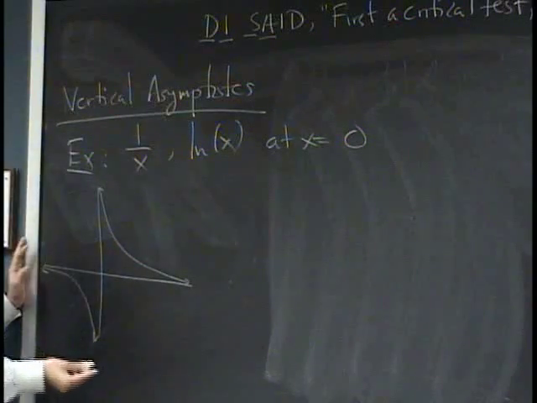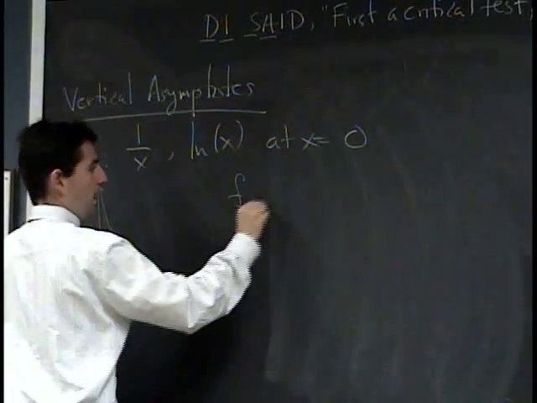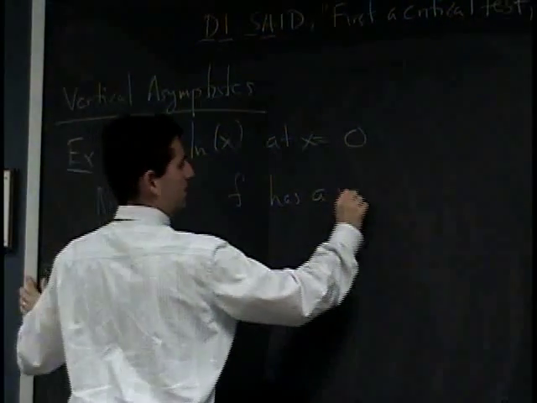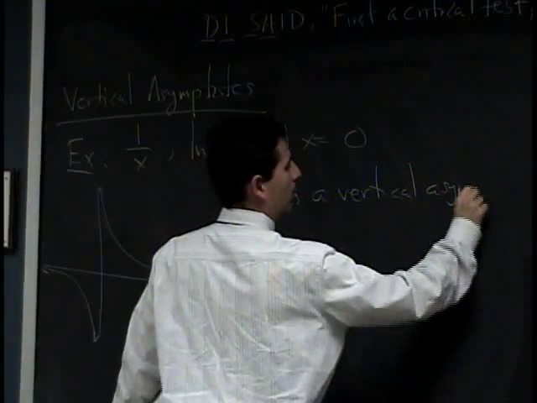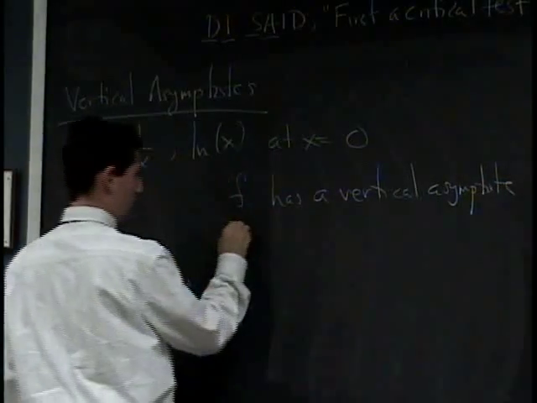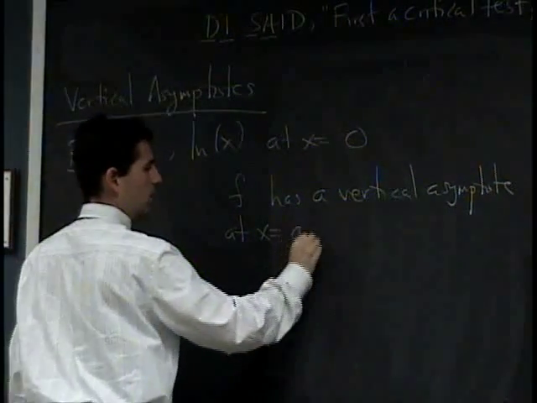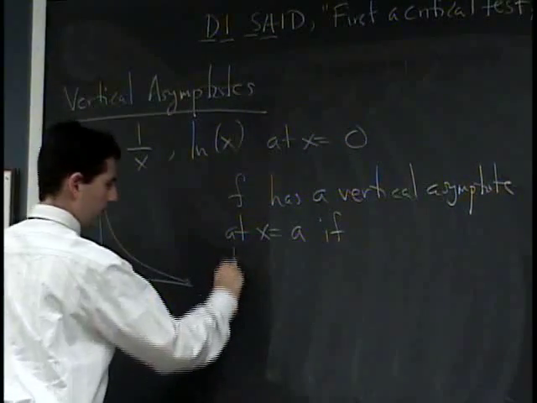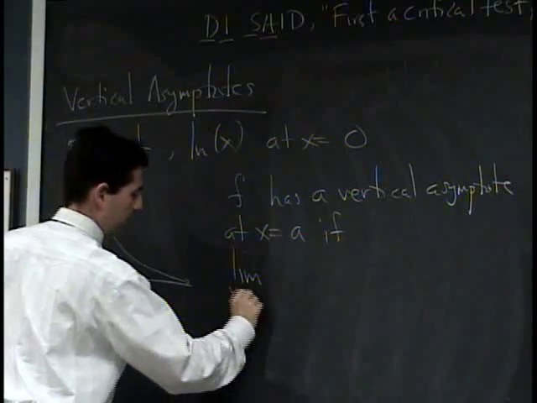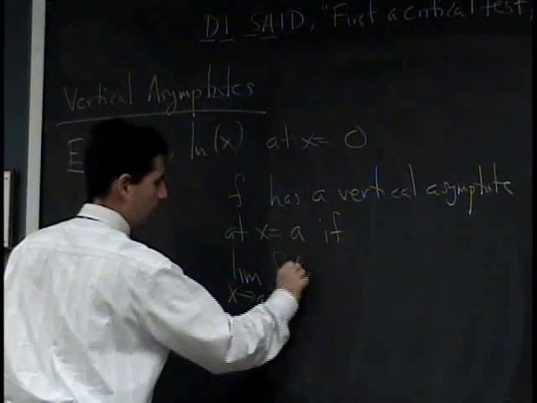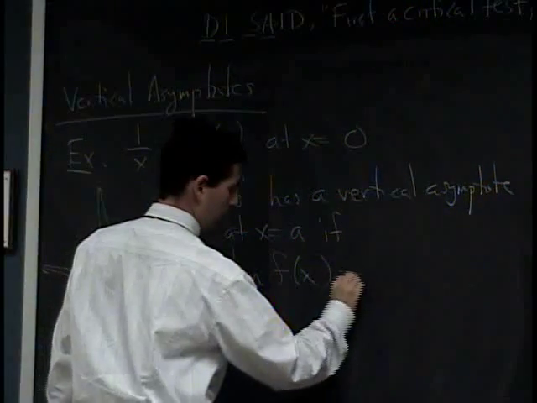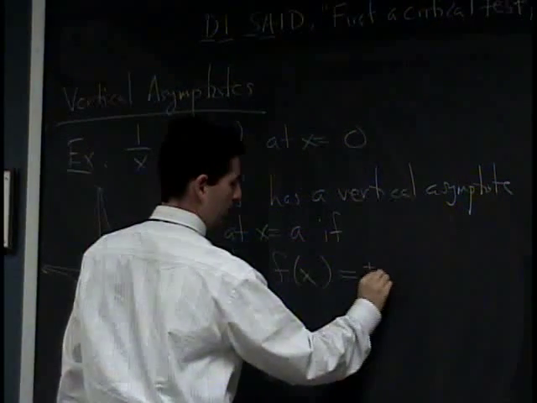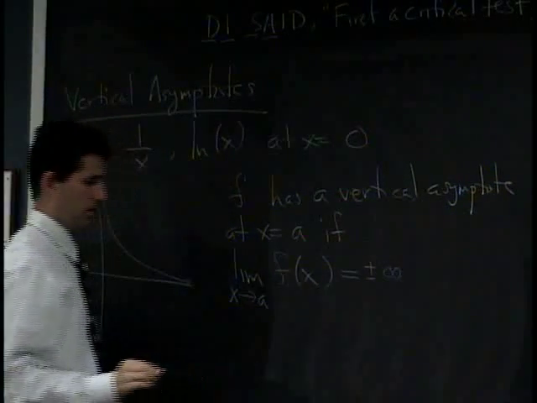Okay. How do we write that? Say that f has a vertical asymptote at x equals a if the limit as x goes to a of f of x is equal to plus or minus infinity.